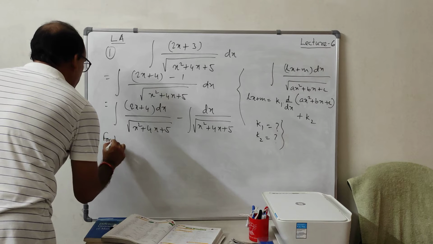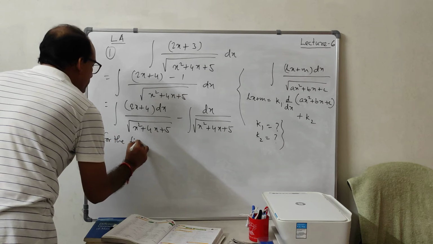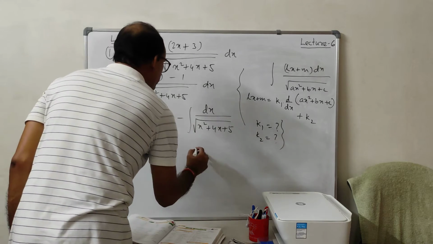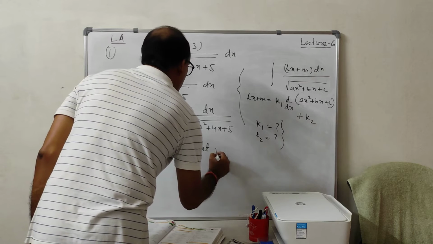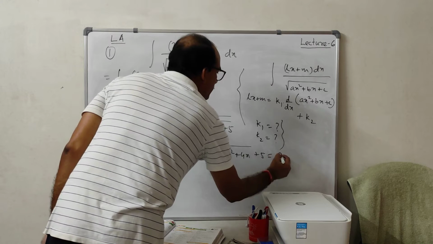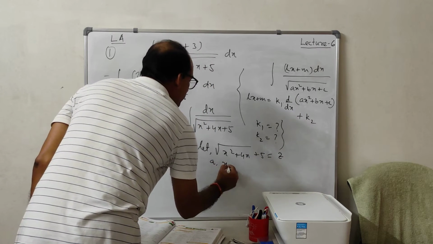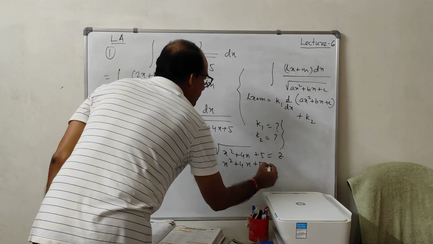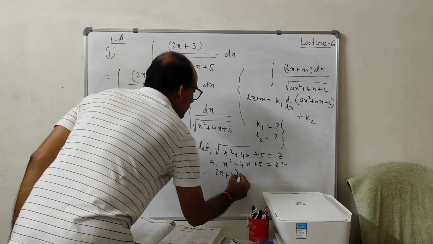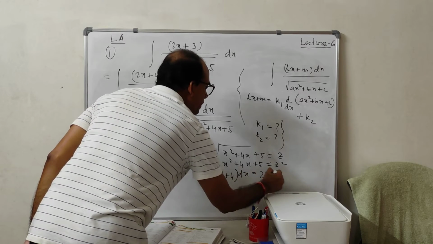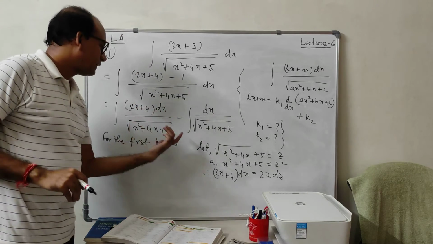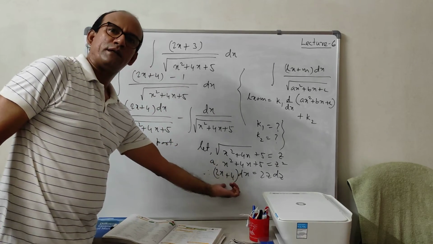For the first part, take the square root of (x square plus 4x plus 5) as some new variable z, or x square plus 4x plus 5 equals z square. Then taking differentials, (2x plus 4) dx will be 2z dz. See, exactly the numerator has come here.